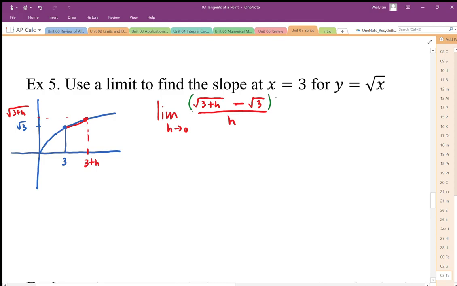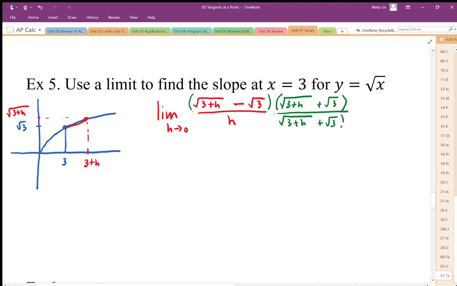But if we multiply by square root 3 plus h plus root 3, that's a conjugate, and that's going to give us square minus square, which is going to get rid of that square root. And as long as I do the bottom the same, I don't change the fraction. I don't change my slope ratio.